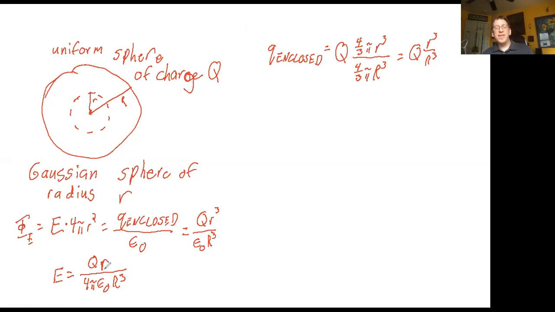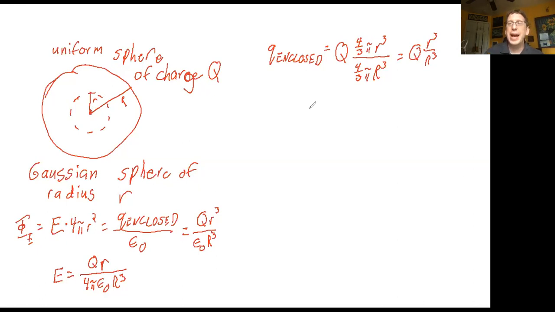And so what do you get from that? Well, inside the sphere, the electric field varies linearly. So it starts at 0 in the center, and it increases linearly with radial distance.